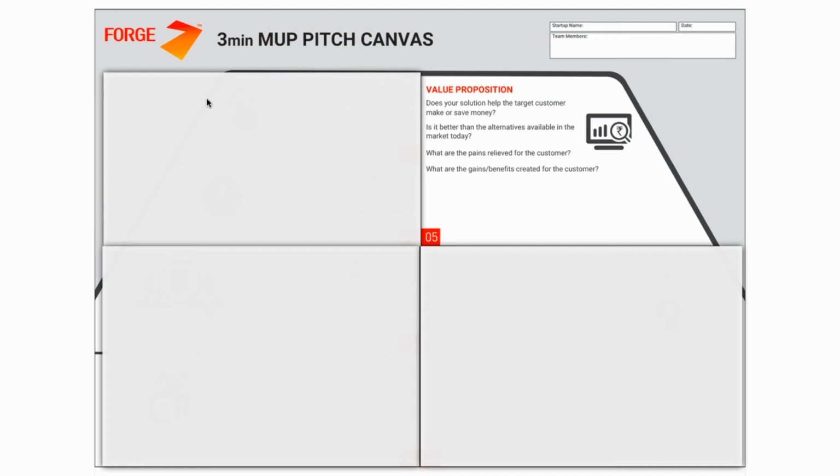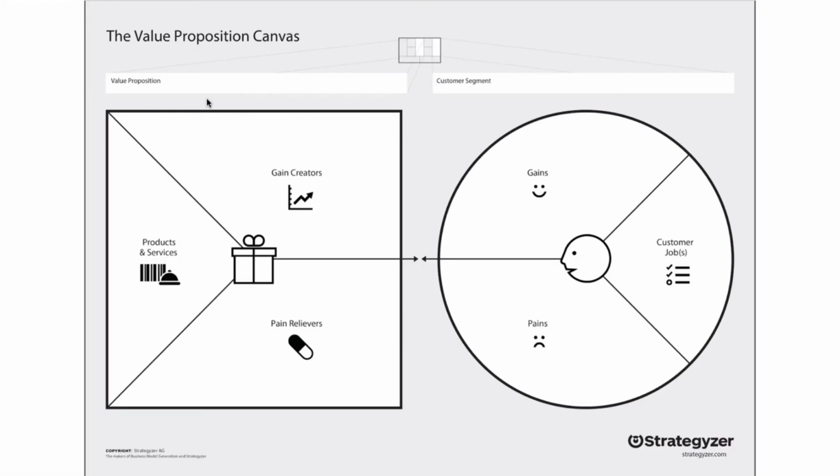These are very important questions that will help the innovator to define the value that they are going to create for the customer. This is a world renowned value proposition canvas, courtesy of Strategyzer.